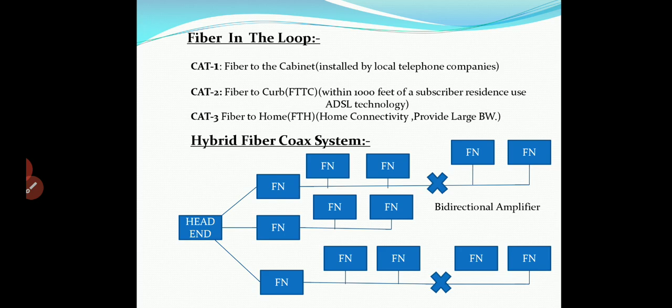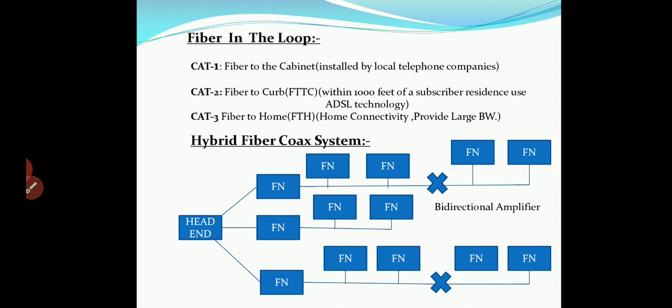Fiber in loop is a generic term and is used to refer to one of three more specific descriptions of the use of fiber for local distribution. We have three categories here. The first one is category 1, that is fiber to the cabinet, installed by local telephone companies. Second is category 2, fiber to the curb, and in this case within 1000 feet of the subscriber residence, ADSL technology is used.